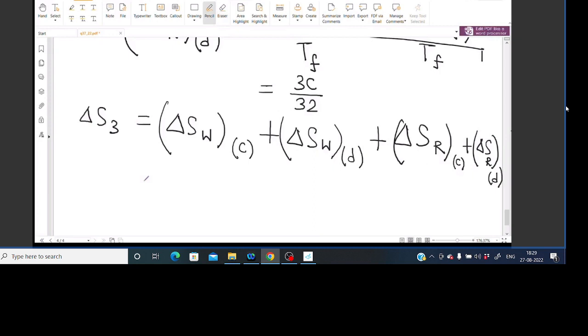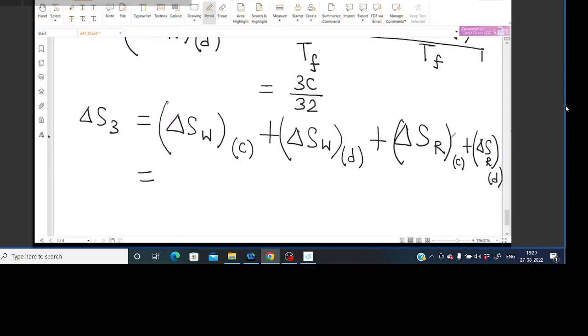So the change of entropy of the universe in process 3 is equal to the change of entropy of water in sub-process C plus the change of entropy of water in sub-process D plus the change of entropy of the reservoir in sub-process C plus the change of entropy of the reservoir in sub-process D.